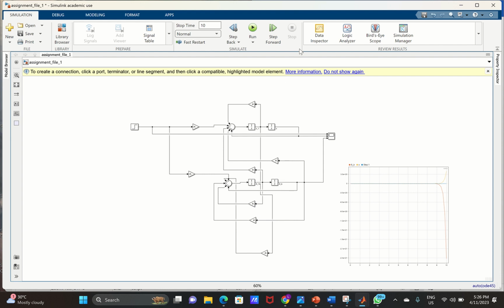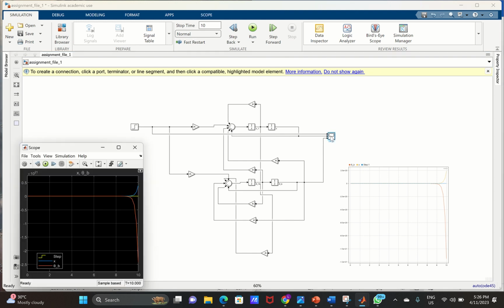Then we run again and observe the behavior of the system. As you can clearly see, the shape of the curves of our output does not change.